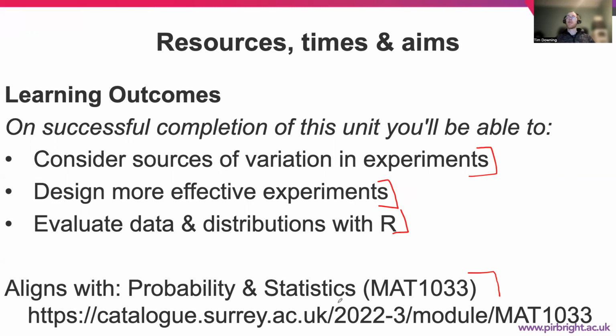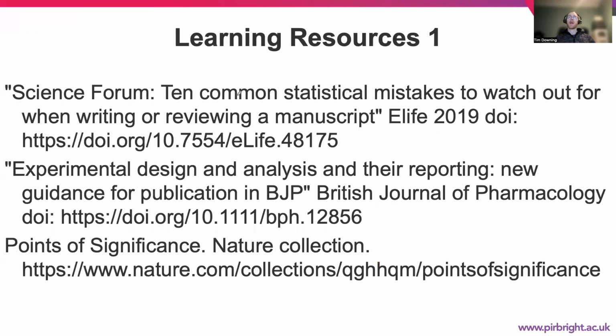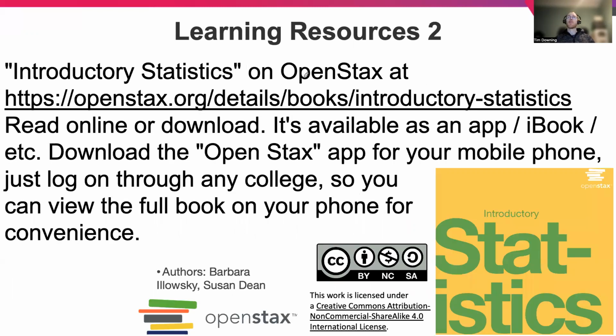There's a range of learning resources available for you, including ones about what you might see in research papers or experimental design. Points of Significance is the next in the collection, a large part of which I base my material on. If you want more basic instruction at more length, the OpenStax free resource, Introductory Statistics, is suggested.